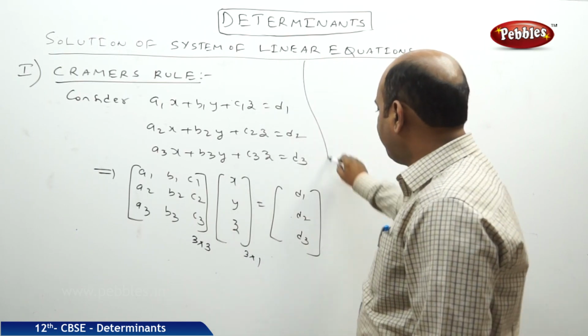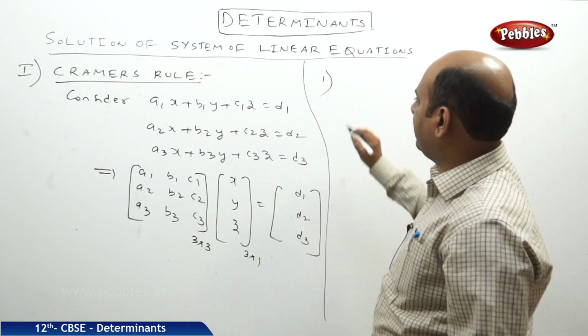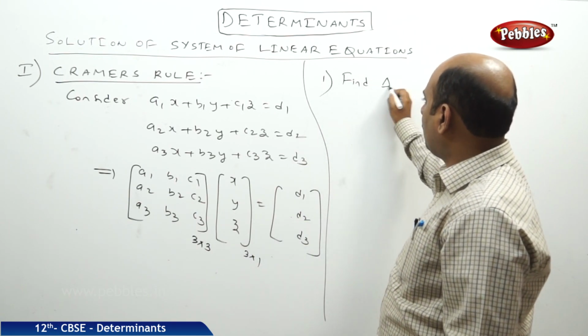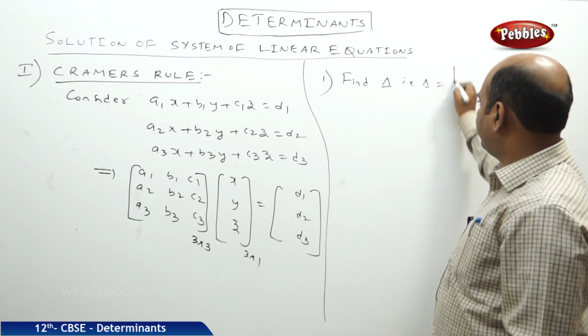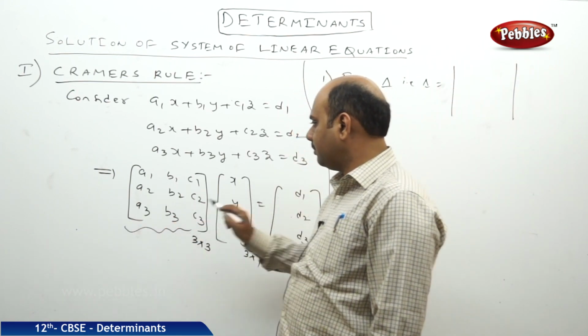For this there is a standard procedure. First we need to find delta, which is nothing but the determinant of this coefficient matrix.